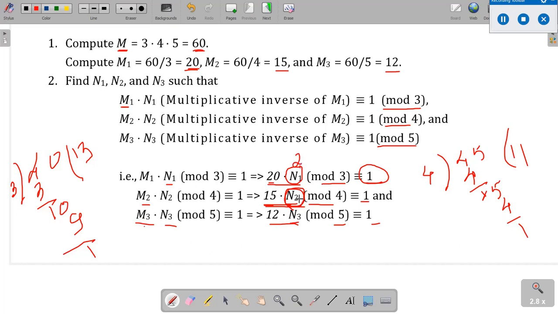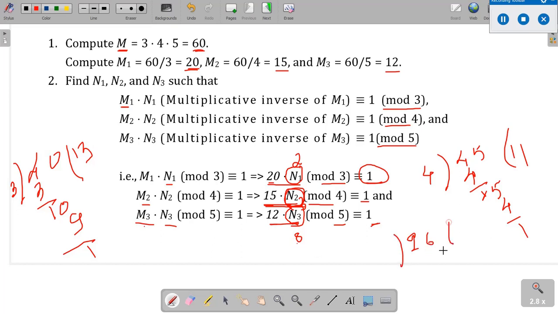Now if we take the value of n3 as 1, we will not get remainder 1. For 2, we will again not get remainder 1. So after hit and trial, we check that if we take the value of n3 equal to 8, then the product of 12 and 8 will be 96.